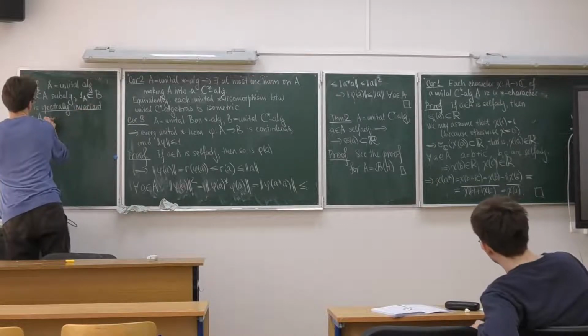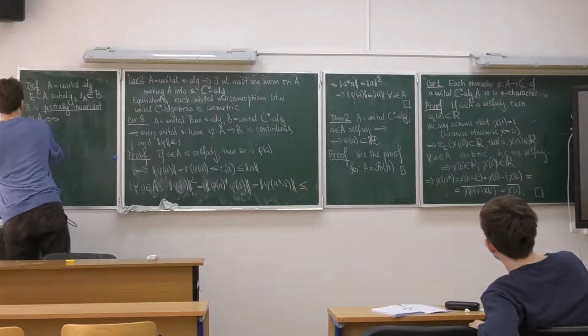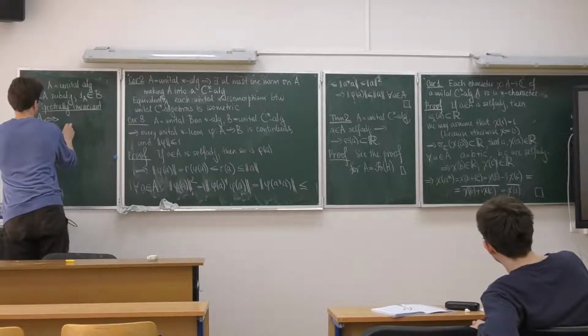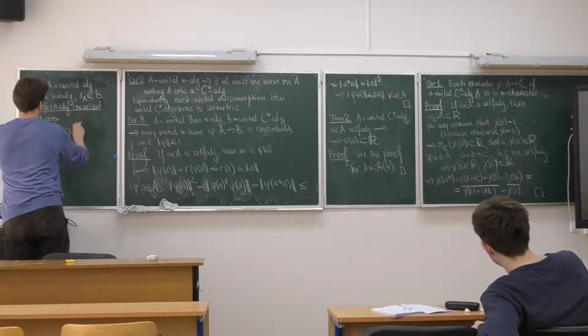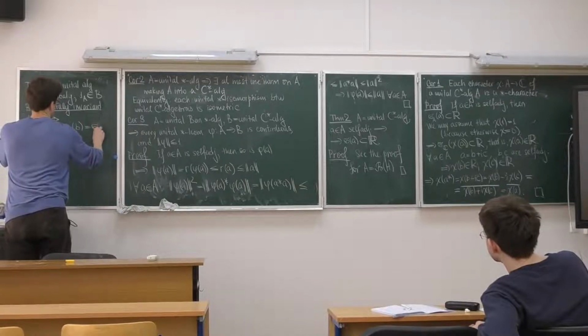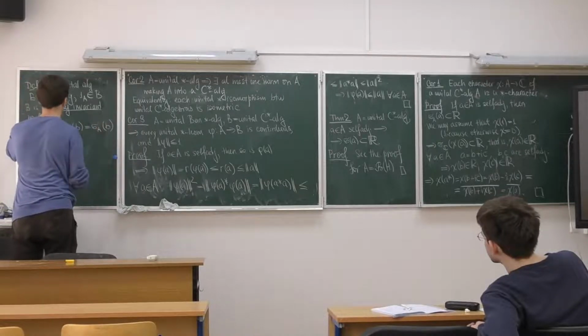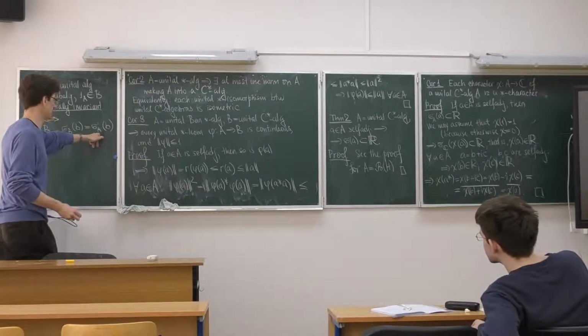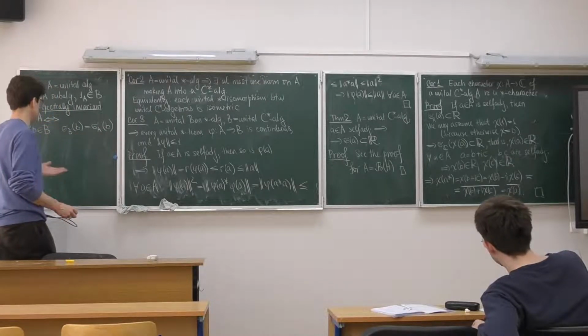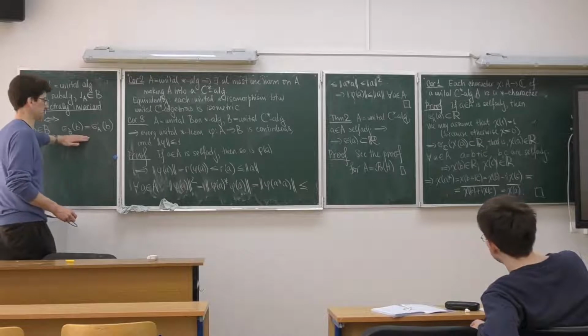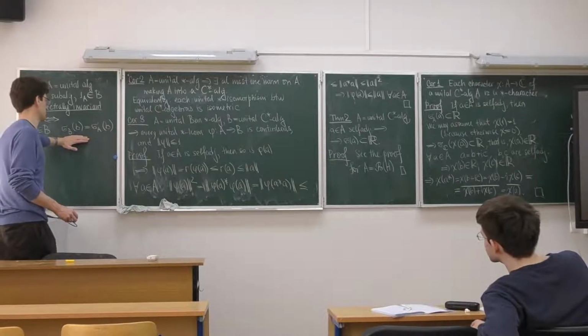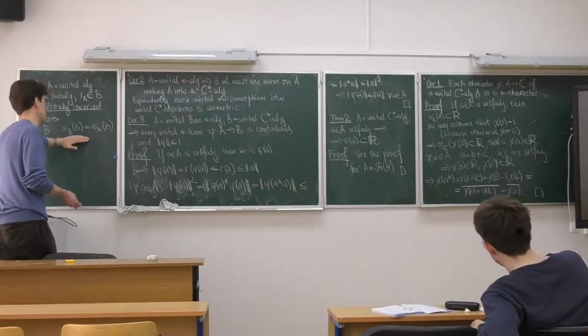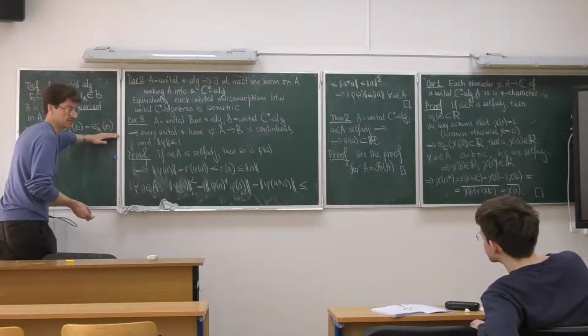if for each element b in B we have the following equality. So the spectrum of this element calculated with respect to B is equal to the spectrum calculated with respect to A. Let's recall that in the general case the spectrum calculated with respect to the smaller algebra can be bigger than this one.